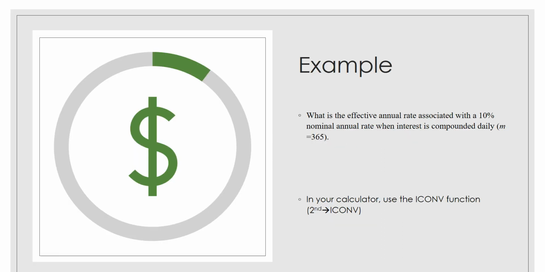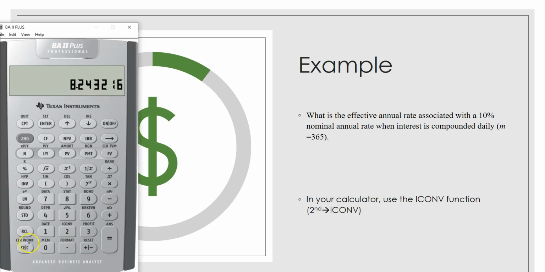So let's look at an example. What is the effective annual rate associated with a 10% nominal rate if the interest is compounded daily? So again, let's use that I conversion button. So second, number 2. Our nominal rate is 10%, so whole number 10, enter to save, scroll up.